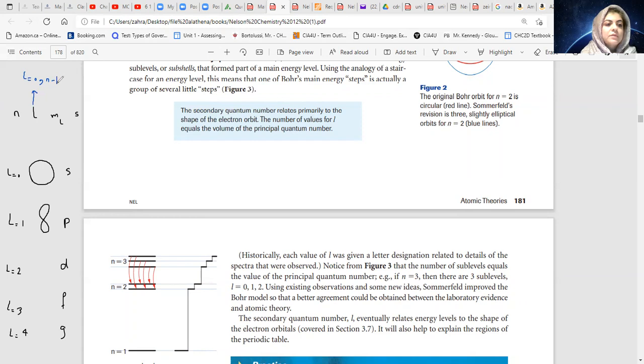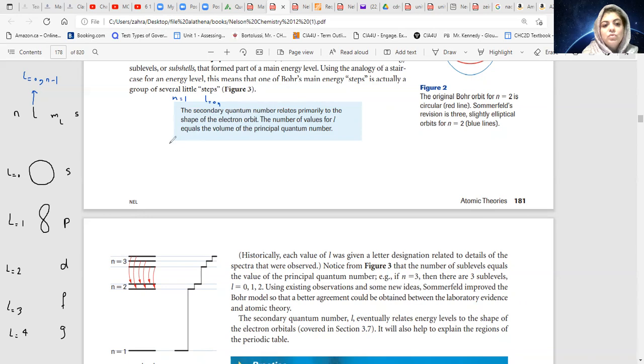For example, if n is 1, what is l? l is from 0 to n - 1. n - 1 is 0, so 0 to 0 is just 0. So in the first energy level, the shape of the orbital can only be spherical.